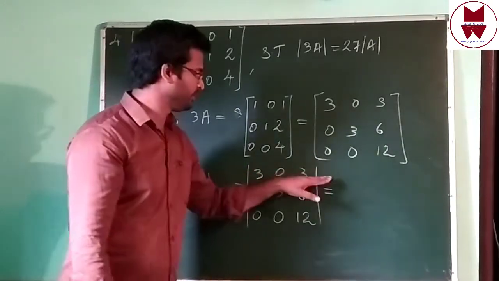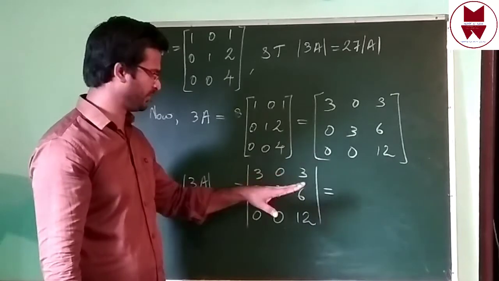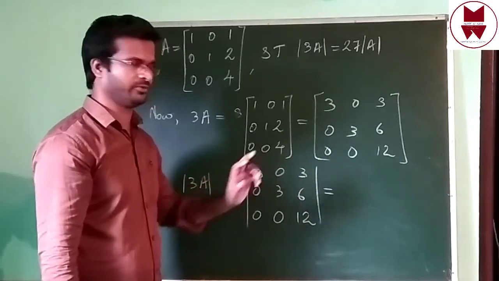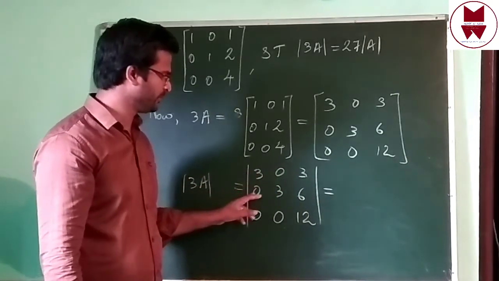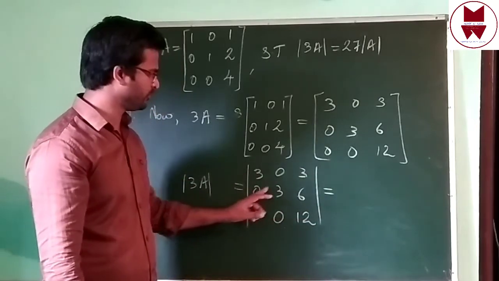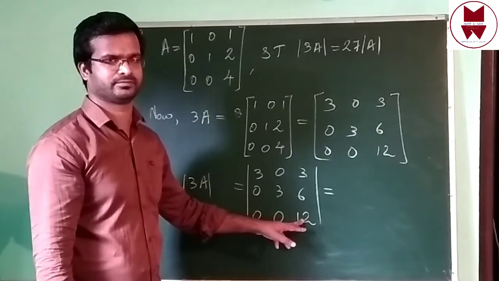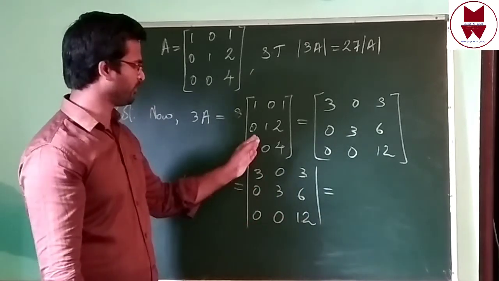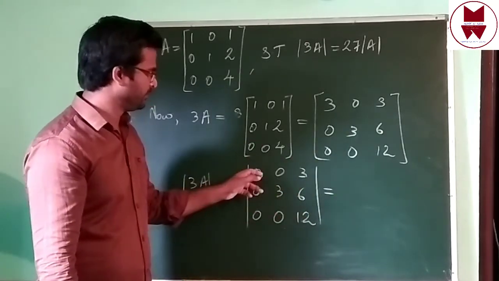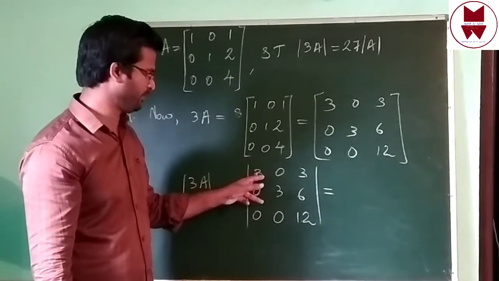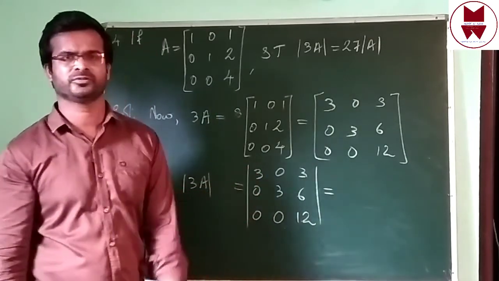If you use the first row, the 0 we cannot skip, this 2 times we have to do. If you use the second row, that time also 2 times you have to do. If you use the third row, that time only 1 time, you will get the answer directly. In the case of columns, if you use the first column, that time only 1. Okay, we can use the first column.